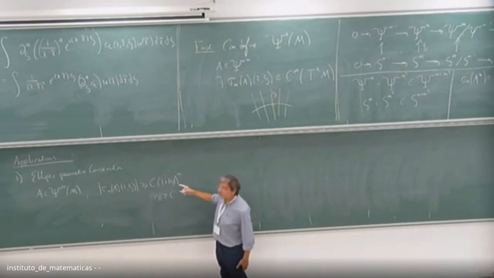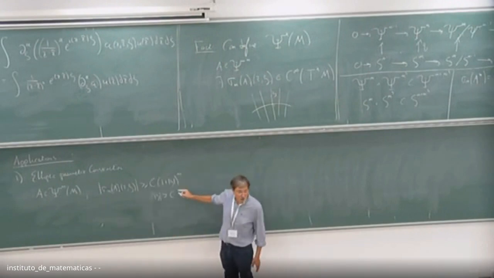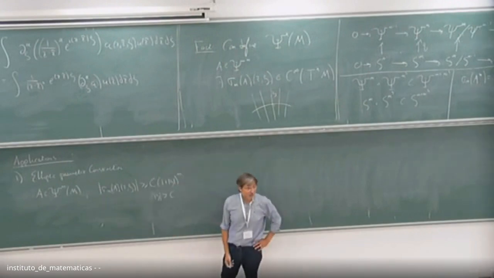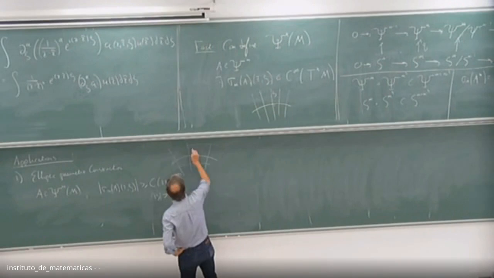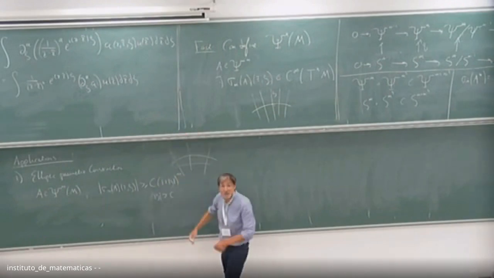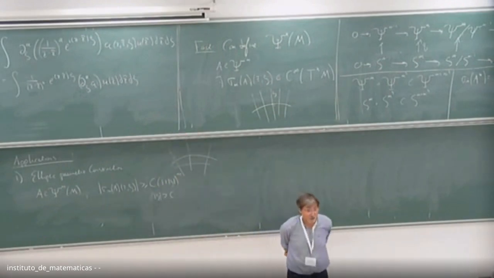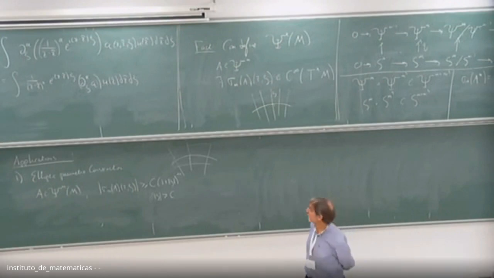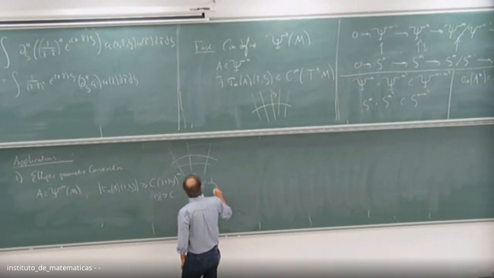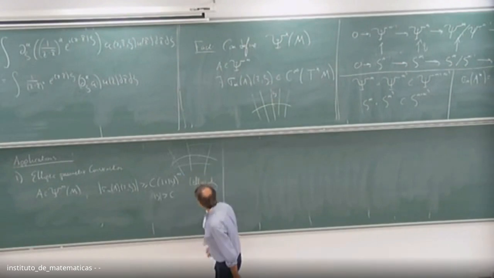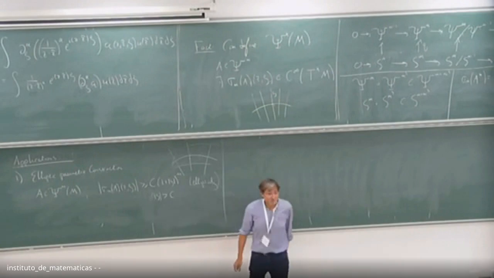So what happens near zeta equals 0 doesn't really matter. All I care about is what happens when zeta is getting bigger and bigger. Remember, here we are in the cotangent bundle, and I excise some neighborhood of the zero set, and all I'm asking for is estimates outside that neighborhood of the zero set. This is called ellipticity.